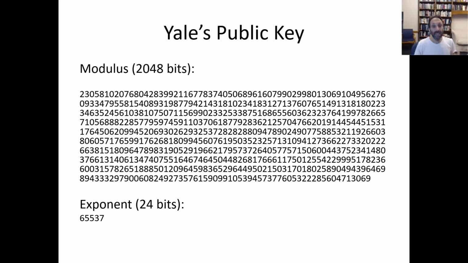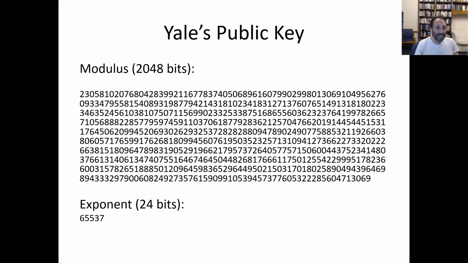Now, this is Yale's public key, or it was as of a year ago. Okay, this is the modulus. Remember the modulus that we've been using, which was 3,233. Well, this is the modulus of Yale's. Look how unbelievably large that number is. This is in decimal. I converted it. And then the exponent that we were using was 17.